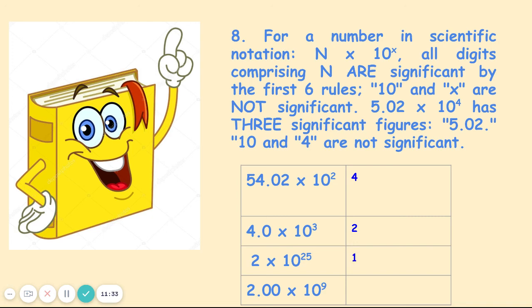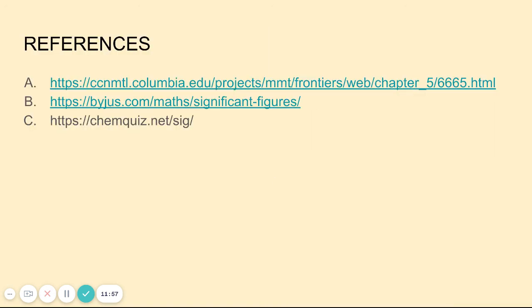So, how about our last example? 2.00 times 10 to the 9. 10 to the 9 is not significant. So, ang bibilangan lang po natin yung 2.00. 2.00 has 3 significant figures. So, pag natanggal nyo na po itong mga exponent na to, yung 10 to the x, you will follow the first 6 rules. Okay?